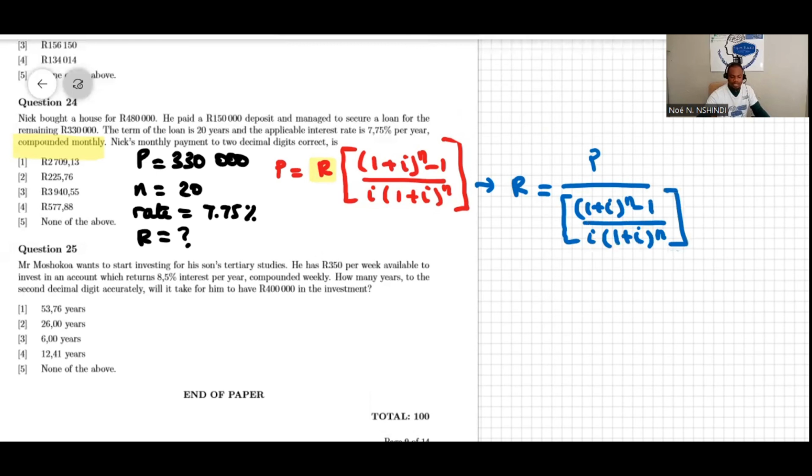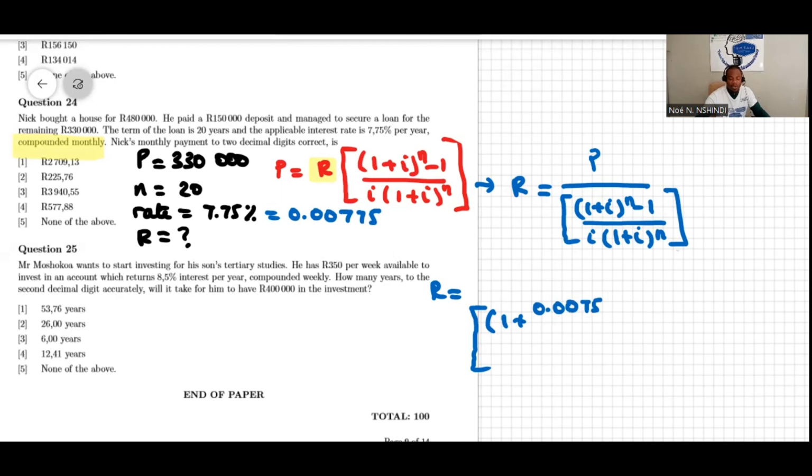Now R will be equal to P, the principal. Let me first start with the denominator because there's a lot of stuff there. It's going to be 1 plus the interest rate, 0.0775.